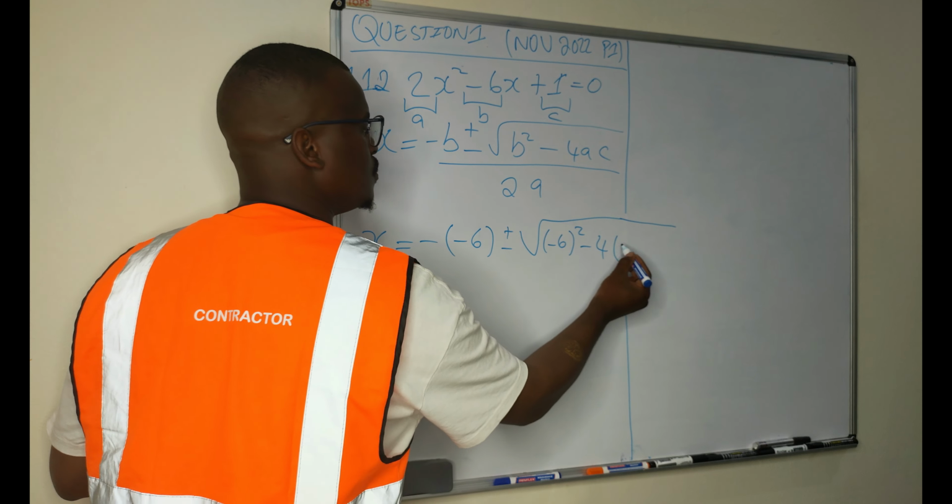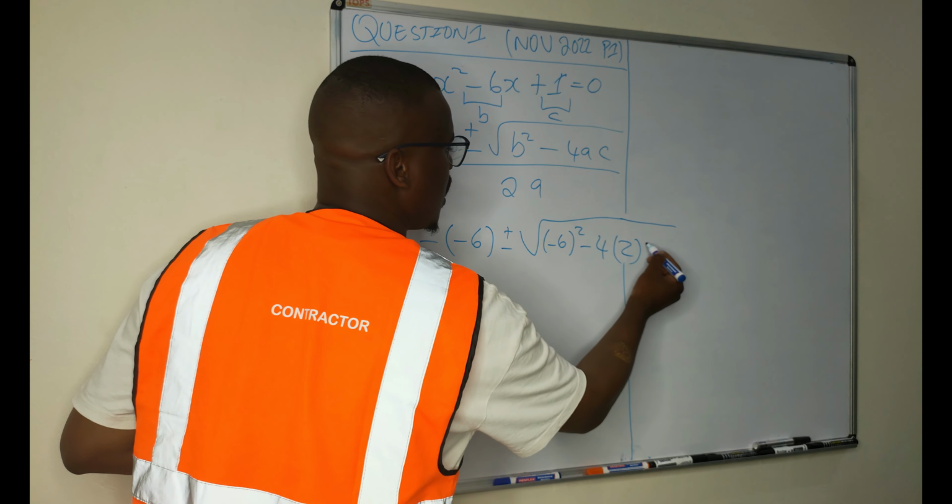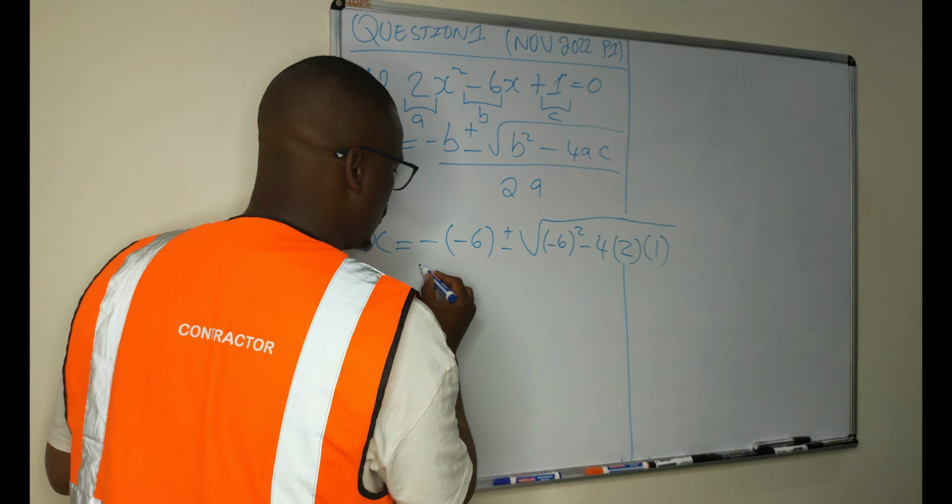My a is 2 and my c is 1, all over 2a. What is my a? It is 2. Then you punch this in the calculator.